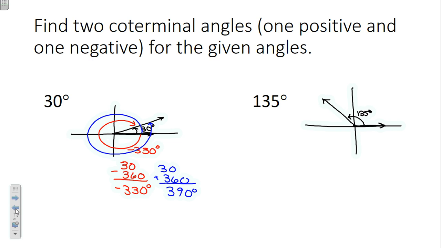Okay. So how would we find the negative equivalent to it? The negative coterminal angle. Subtract 360. And we get negative 225. So negative 225 means that we went in a clockwise fashion, 225 degrees.